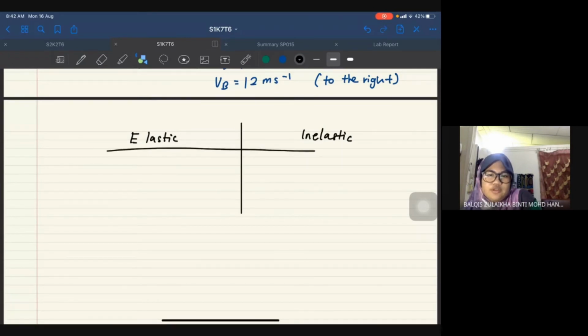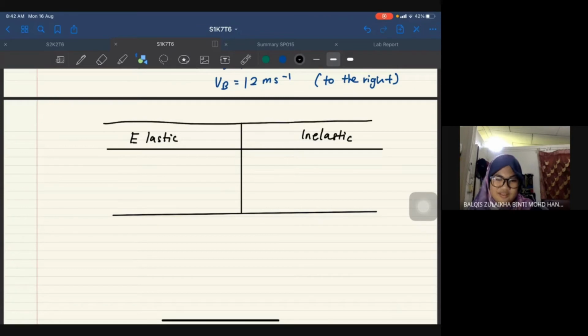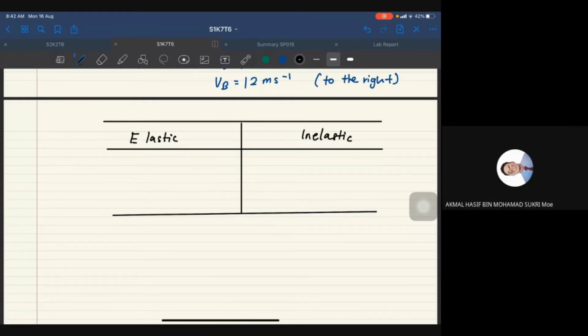Kinetic energy dia sama dengan sebelum dan selepas, kalau elastik. Okay, so kalau dekat sekolah dulu, kita belajar elastic collision dia tak melekat. Inelastic dia melekat, betul ke tak? Ke kamu dah berubah syllabus? Betul sir. So masa saya belajar dulu lah, saya rasa sama juga kamu still learn it like that.